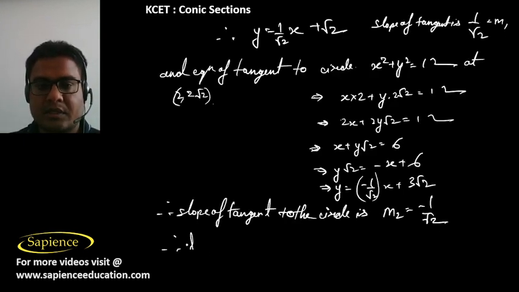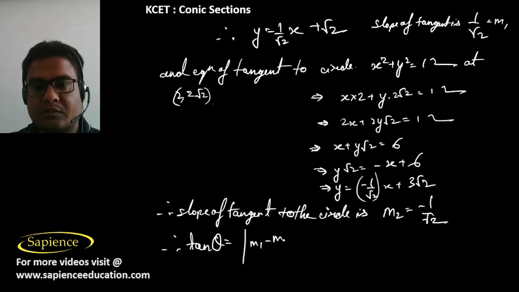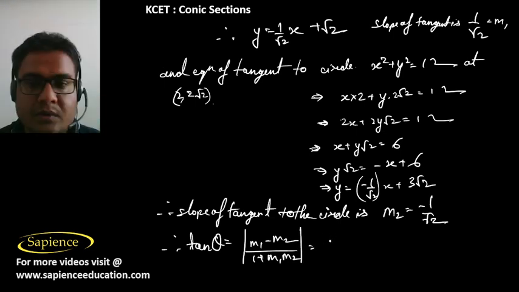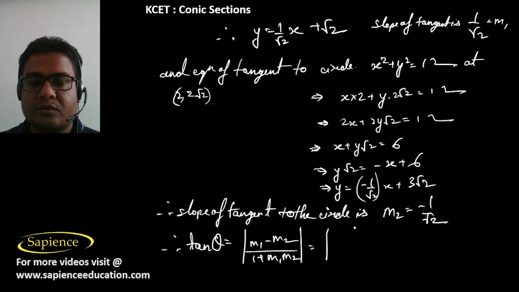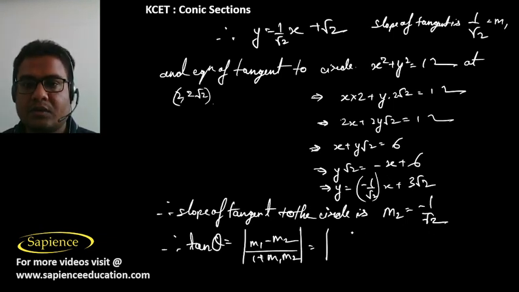So tan theta would be equal to mod of m1 minus m2 by 1 plus m1 m2.